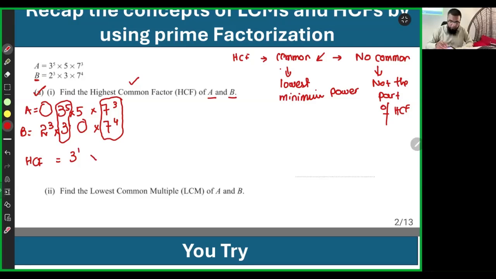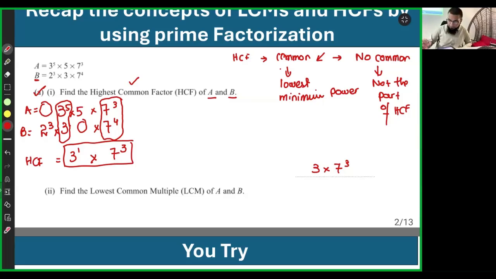Now for 7 raised to the power 3 and 7 raised to the power 4, we need to pick the lowest power. So 3 and 4, which one is lowest? Cube, obviously. So this will be your HCF: 3 into 7 cube. You need to see that I just ignored the numbers which are not common.